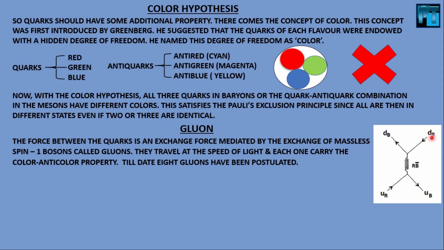Now it gives up a gluon, that is RB dash. It actually then becomes blue D quark. Technically we can say that this red down quark has given up its redness to this gluon and become blue down quark.